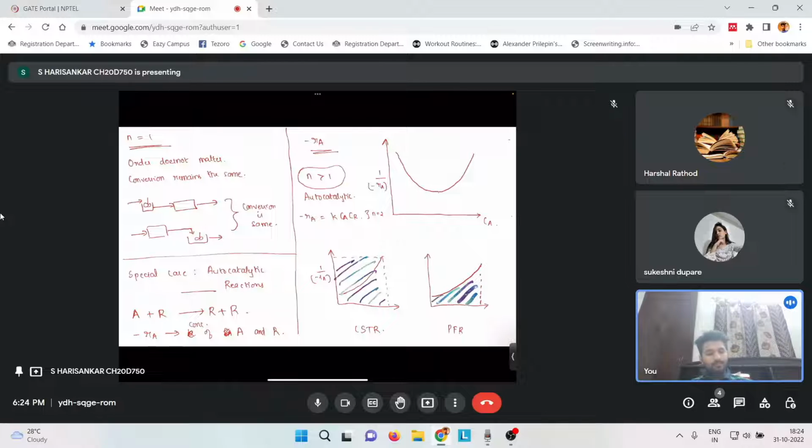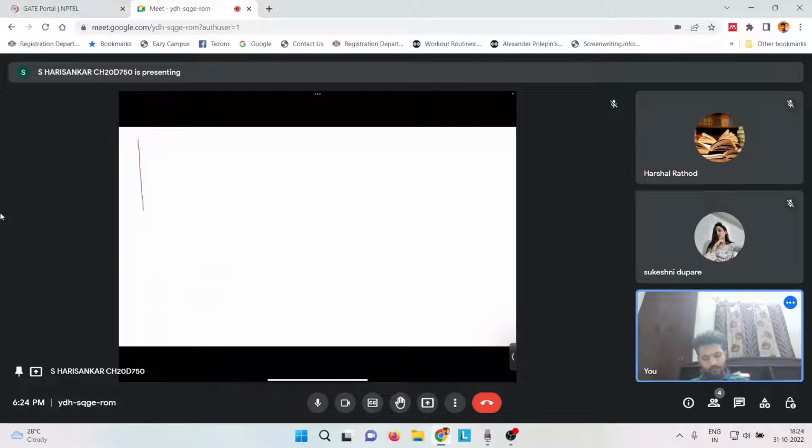Now we'll do that same here for this autocatalytic thing, and I'll show you what is the difference. So this is the normal plot for the autocatalytic reaction. Now we just learned that the order is greater than 1, so first PFR should come, right?